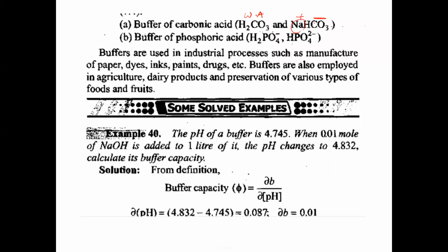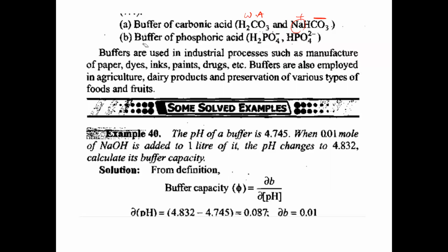NaHCO3 is the salt, and H2CO3 is the weak acid. So a weak acid plus its salt with a strong base is taken here. This Na plus generally is obtained from NaCl that we consume daily. So Na plus, HCO3 minus, and H2CO3, carbonic acid. So the buffer of carbonic acid will be helpful to maintain constant pH value in our body.